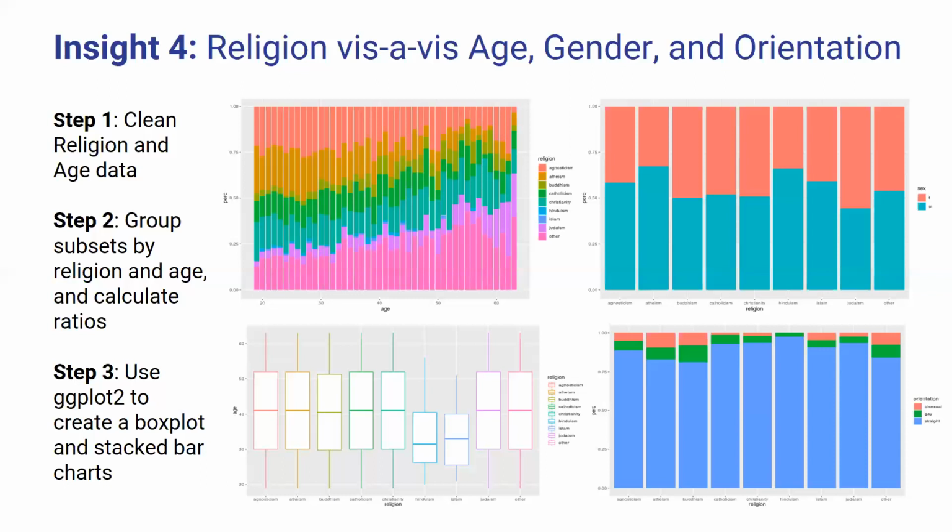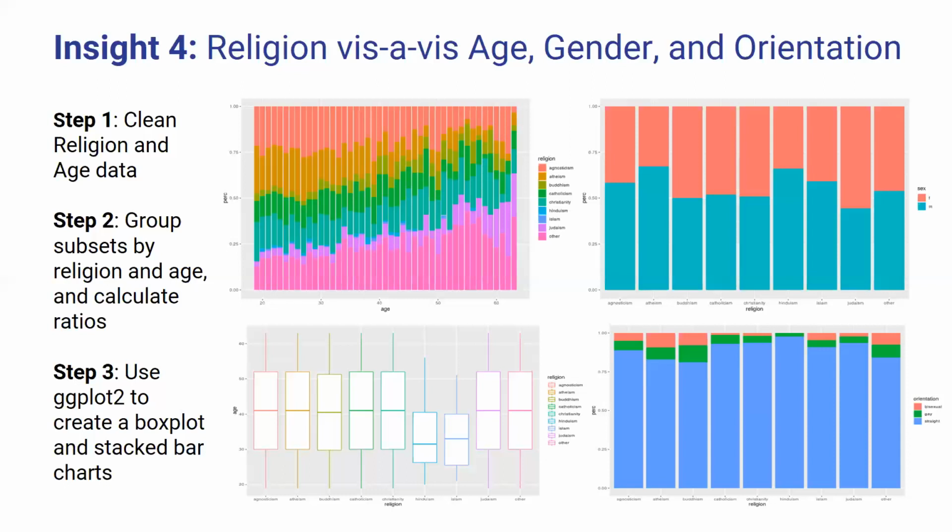And also, when we looked at the relationship between religion and orientation, we see that Buddhism and atheism are 2 religious affiliations that have users with the most diverse backgrounds, users who are bisexual, gay, or straight.